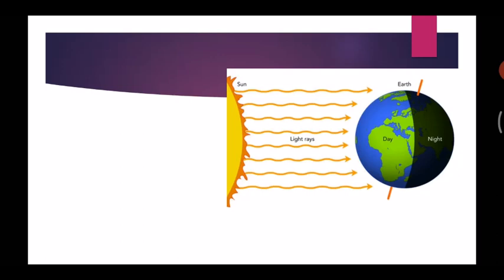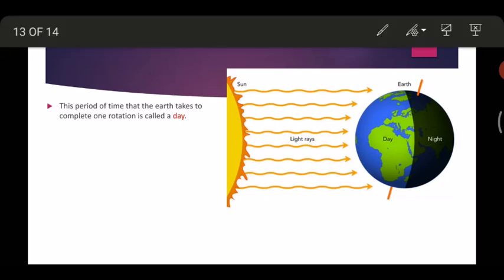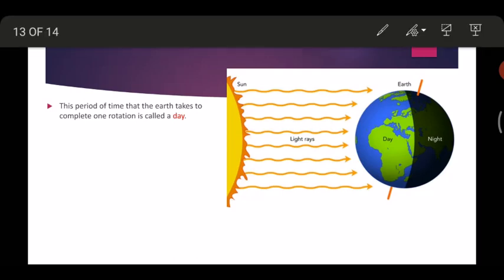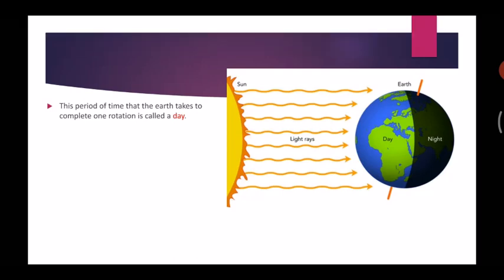This tells us that the period of time that the earth takes to complete one rotation is called a day. That is when the earth moves one whole round around itself. It is called a day. The day has two parts, just as we can see in the diagram.